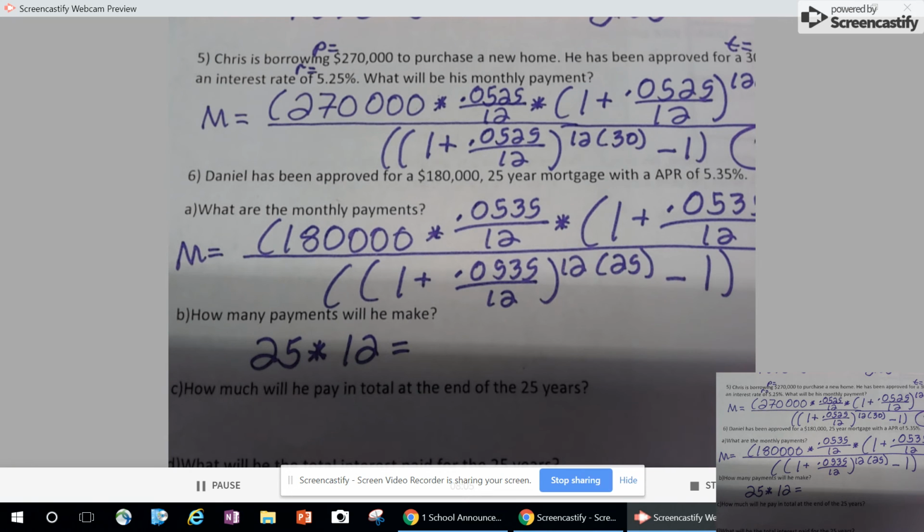So that's all I'm doing, everybody, is just going and entering them all in. I know it's a lot of just entering this all in.